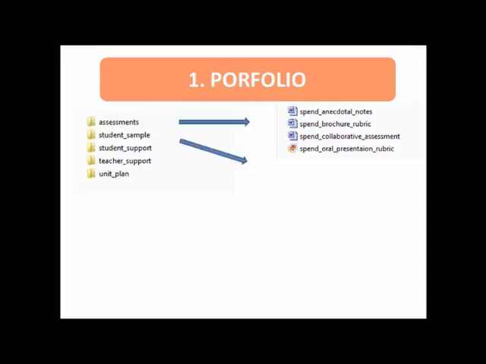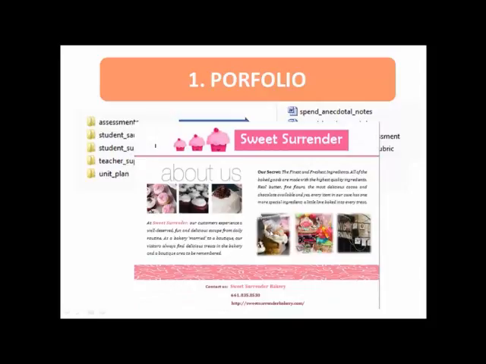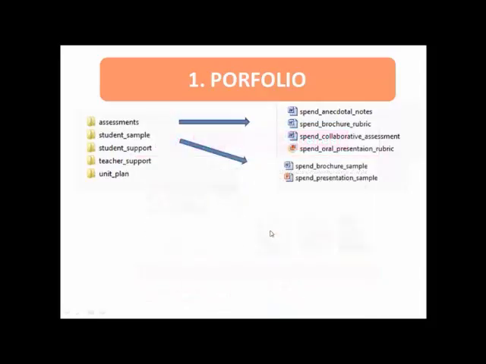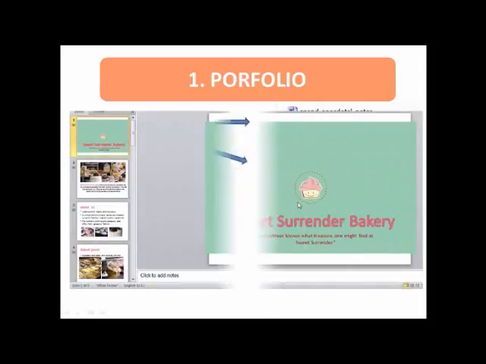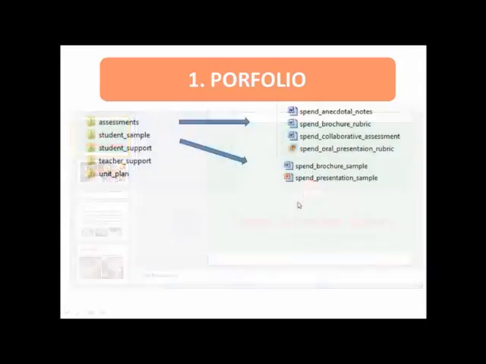Next, in the student sample folder, I've already prepared a brochure sample. Here, this is my brochure sample, and also a presentation sample. I believe that these samples will help my students have a general understanding of what they should do in their final project.